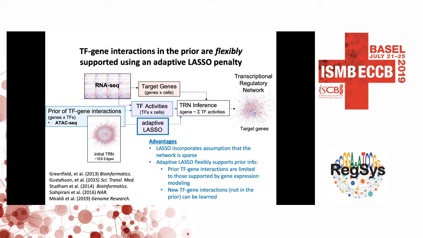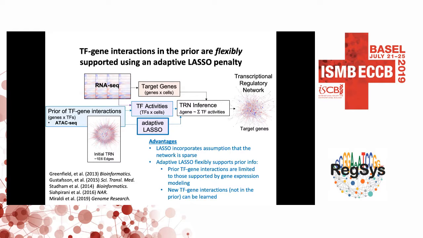Another thing that we do is we use an adaptive lasso penalty. In terms of incorporating prior information, first of all, the lasso incorporates the assumption that the network is sparse. Even though there are hundreds of transcription factors that are expressed, we only expect that a handful will regulate a particular gene. The adaptive lasso enables us to flexibly support prior information.